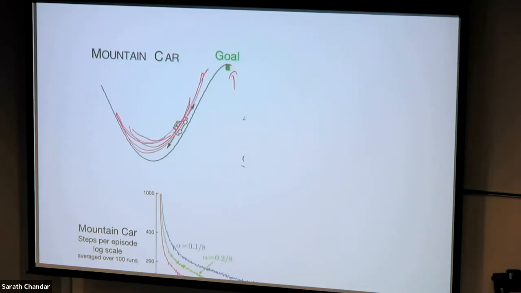Why? Because this policy requires you to first go to a low value state before you go to the high value state. It is very unintuitive: you have to first go against your goal so that you develop momentum and go to the goal. It is notoriously difficult, sometimes even for modern reinforcement learning algorithms.